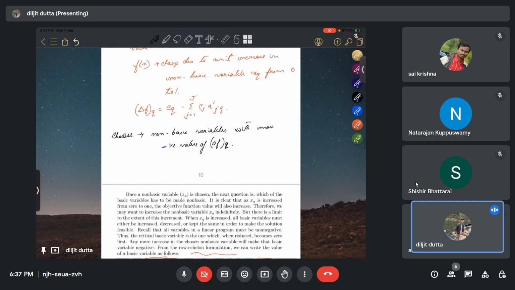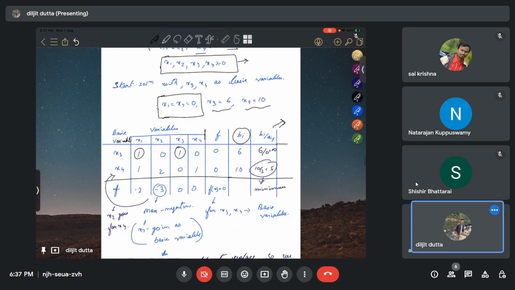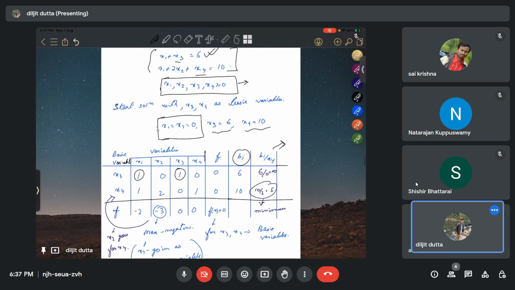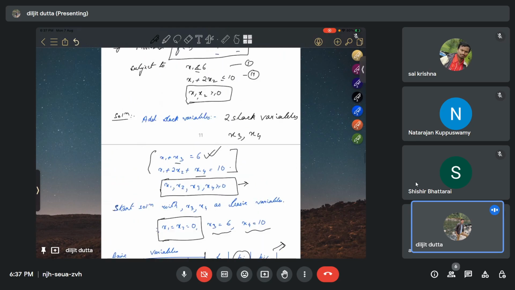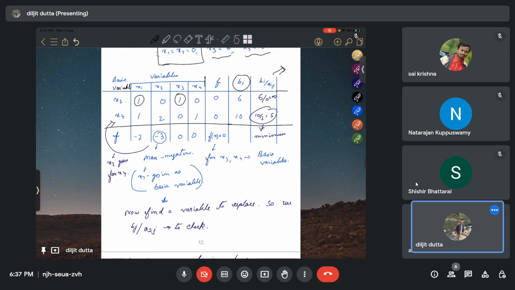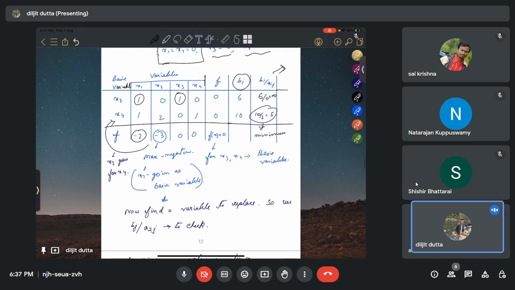In the initial case we considered x1 and x2 as non-basic variables, so we write the coefficients corresponding to x1 and x2 in f. What are the coefficients of x1 and x2? It is -2 for x1 and -3 for x2. So we write -2 here, -3 here. There is no coefficient for x3 and x4, so it will be 0 and 0.